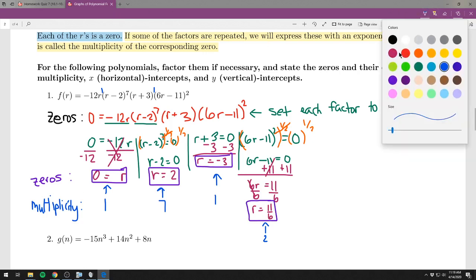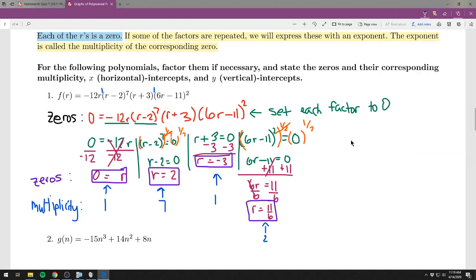The x-intercepts are pretty much what we just found as far as the zeros go, because remember, they're pretty much the same thing. They are just a coordinate pair. The x-intercepts are the x value of the 0, and the y value is always 0. So here we have 0, then we have 2 for x. The y value is 0.